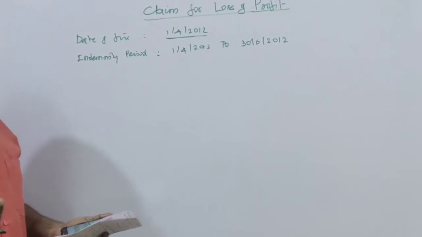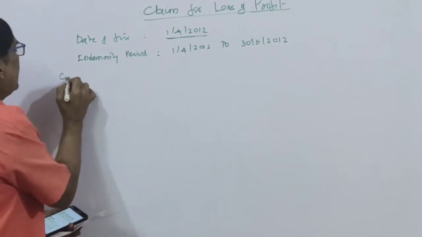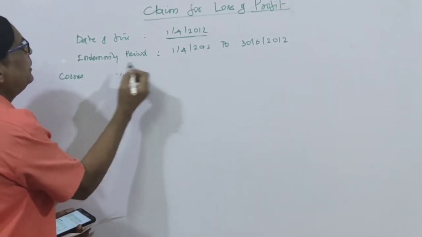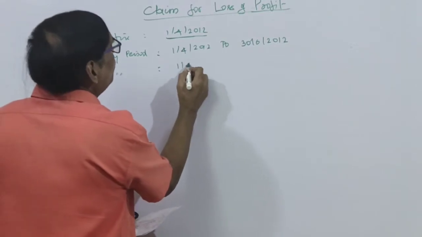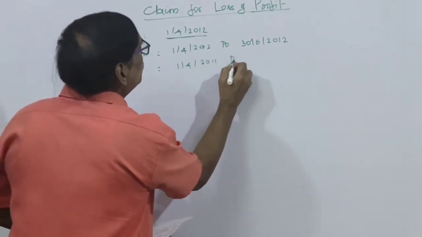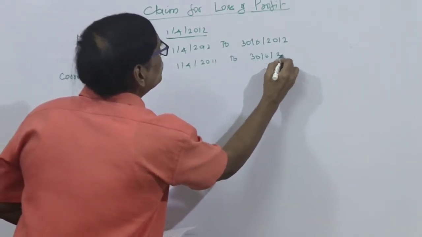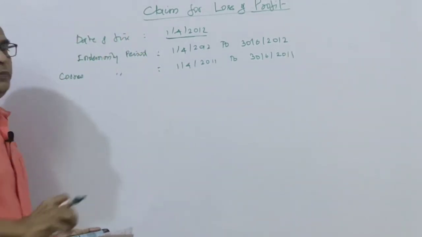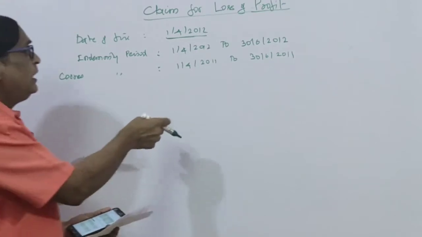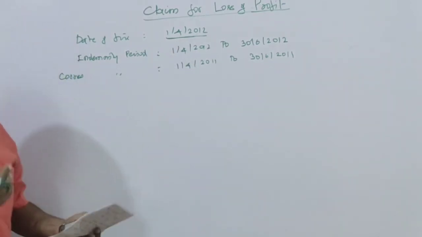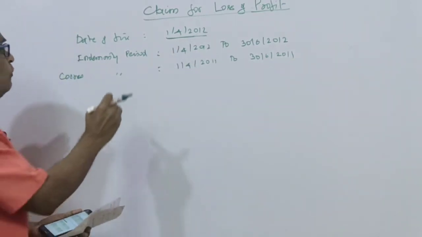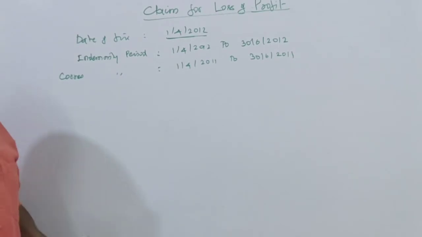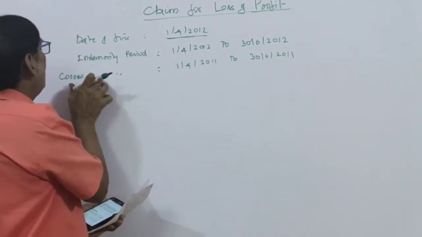What would be the corresponding indemnity period? The same, 1/4/2011 to 30/6/2011. Why are we calculating the corresponding period? We have to compare. Then only can we easily compare the two periods, whether the sales have increased or reduced due to fire. So in order to find out the short sale, we have to prepare.